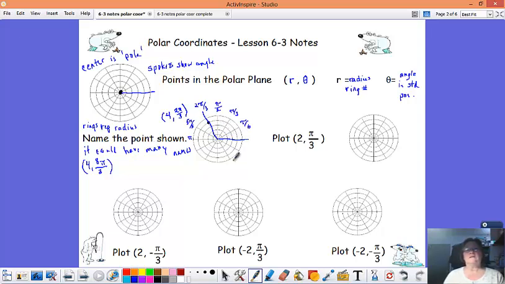We could call it, folks, this would be negative pi thirds right here. We could name it as negative pi thirds as the angle. And that's also 5 pi thirds if you're in positive angle measure.